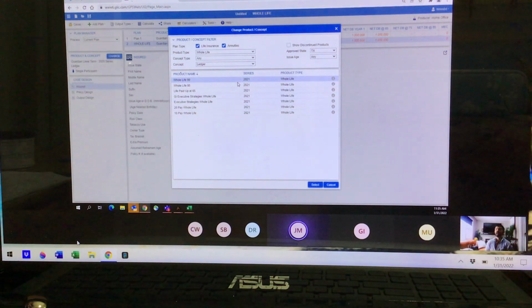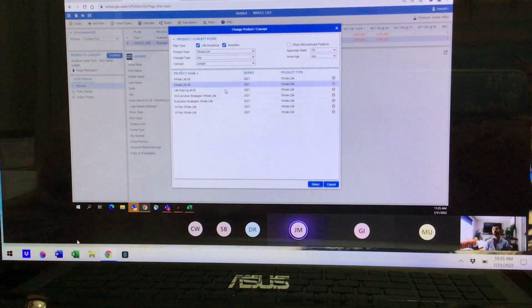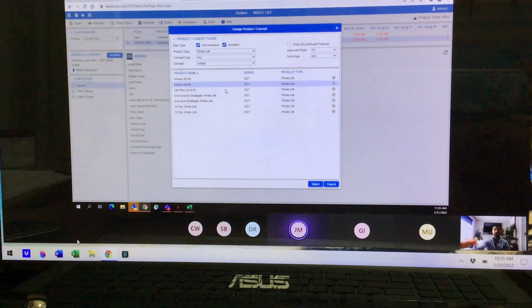Our Whole Life 95, that's more of our higher early cash value. A little bit higher premium than our 99, payable to age 95. It's going to have the highest internal rate of return through about year 10 to 15, depending on the age and rate class of the person. And it's going to get us some cash value available right up front.